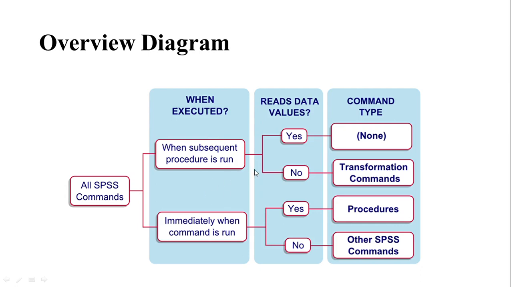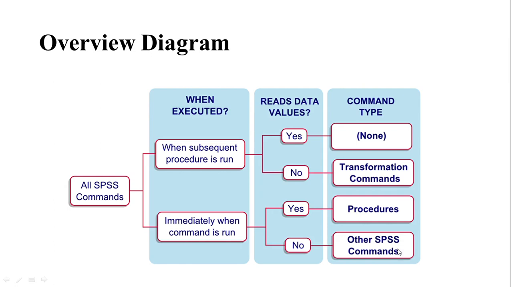After the command is run, it either reads values or it does not. If it does not read values, then it's called a transformation command. If it reads the values, it's called a procedure. If the command is executed immediately when the command is run and does not read the values, then it falls under the other SPSS commands.